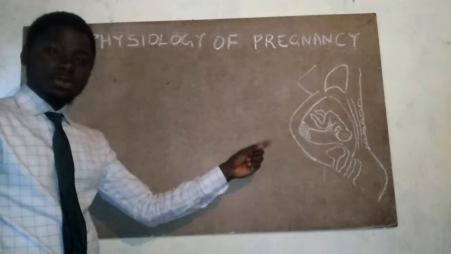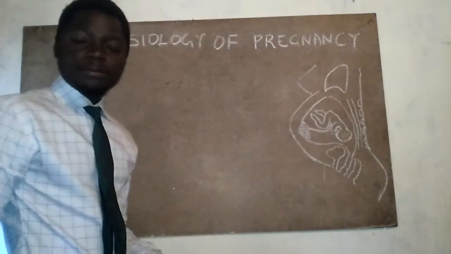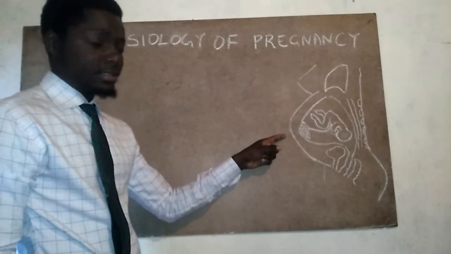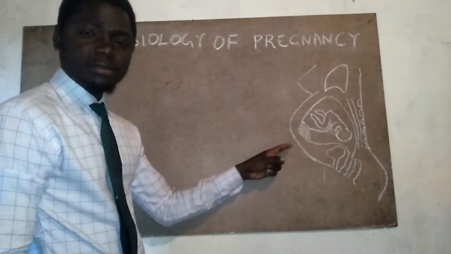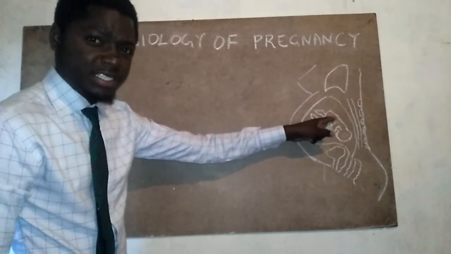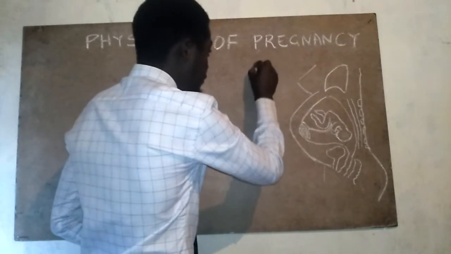To help us understand this, I've sketched up a drawing of the anatomy of the pregnancy. This is the pregnant woman, and as you can see, that is the fetus.